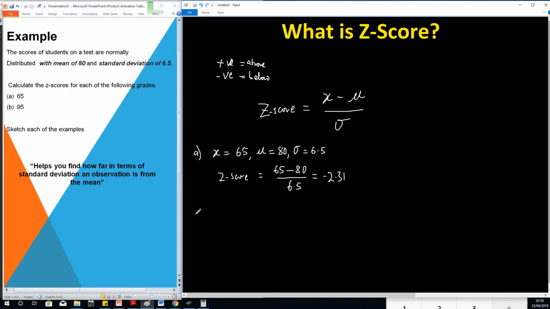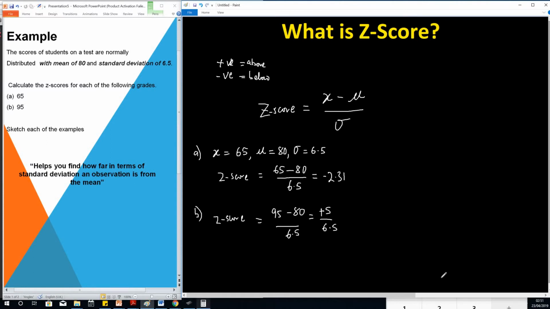So let's take the second one, B, and we calculate the Z-score. In this case we have 95 minus 80 over 6.5. So that will give us 15 over 6.5. Is a minus 15? No, this time it is plus.